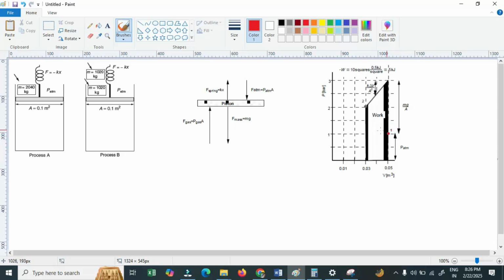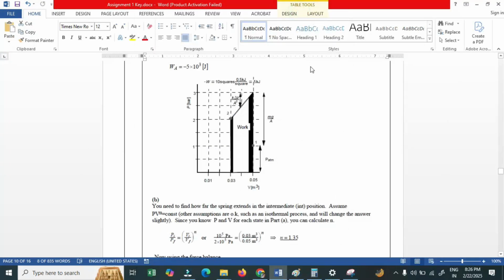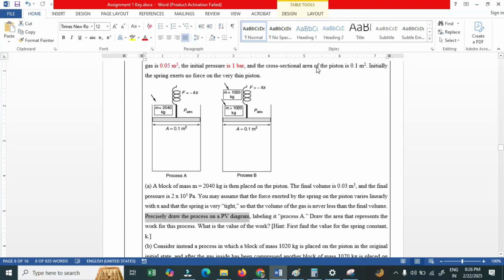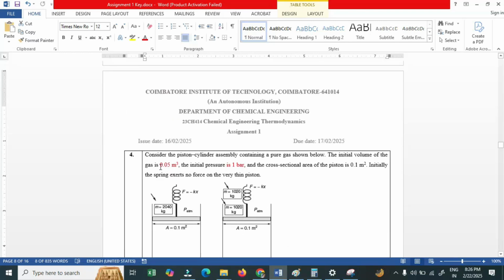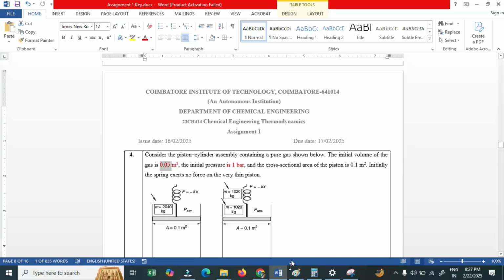Point 1. The problem gives the volume 0.5 meter cube. To pinpoint the position of state 1 in the two-dimensional graph, we need 2 points.